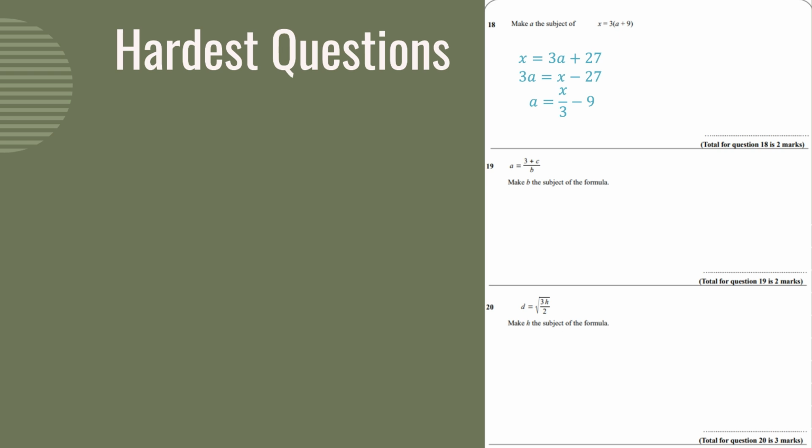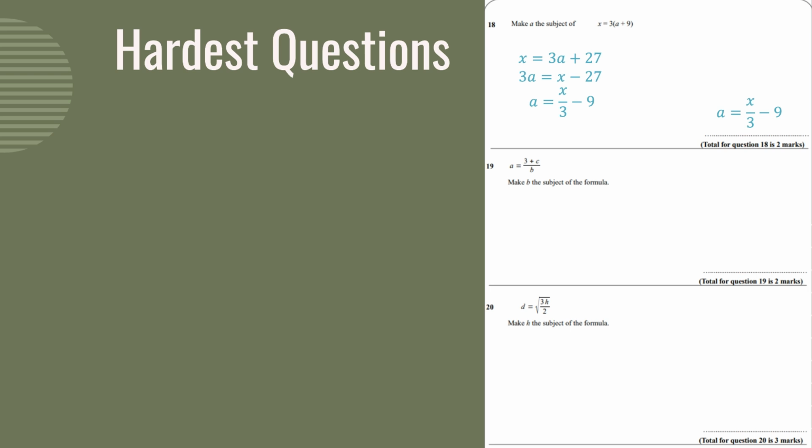Now we get 3a on its own, so we minus 27 from both sides to get 3a equals x minus 27. Now we want a on its own, so we divide all by 3 to get a equals x divided by 3 minus 9.